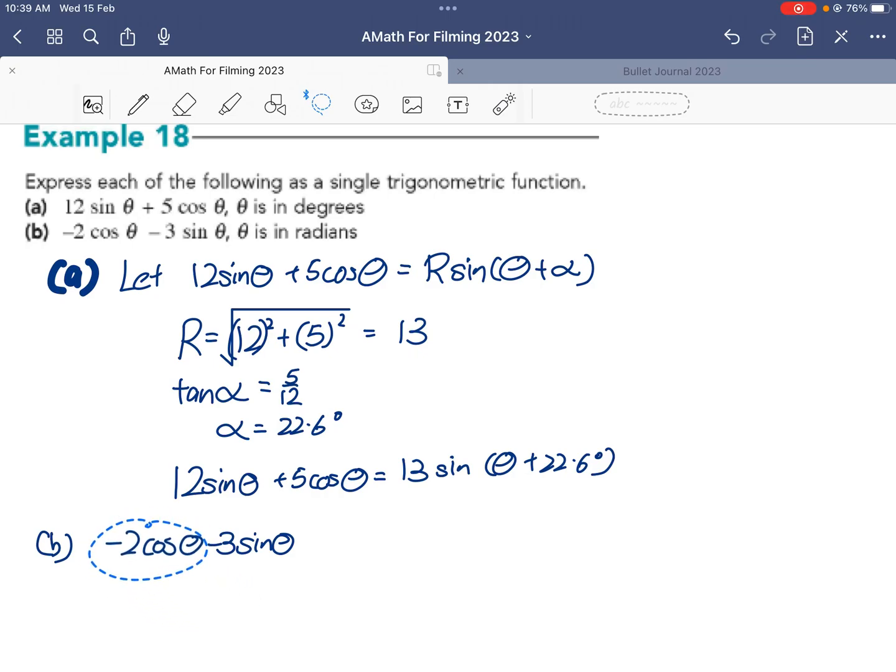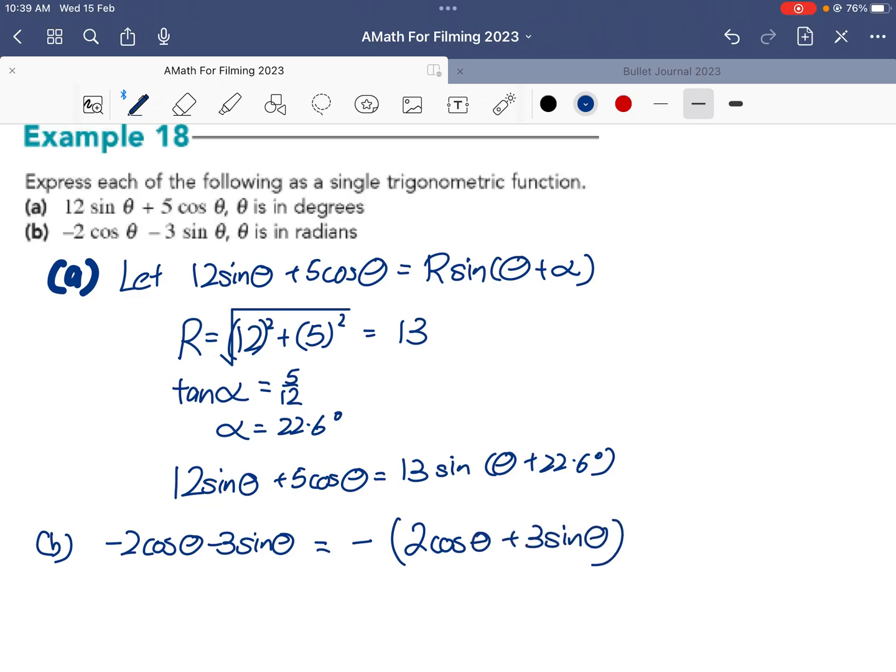So what I can do here is this. First, I factorize negative 1. If I factorize negative 1, what I'm left with is 2 cosine theta plus 3 sine theta. Then what I can do here is this.